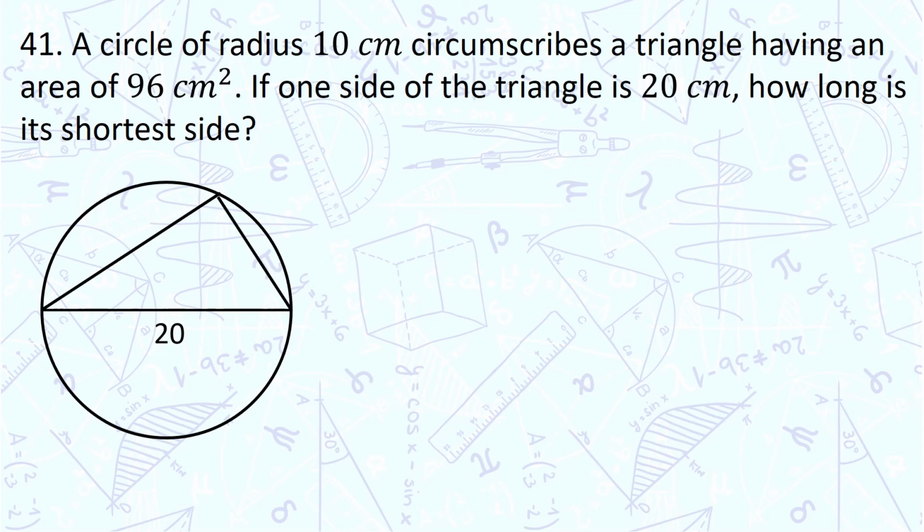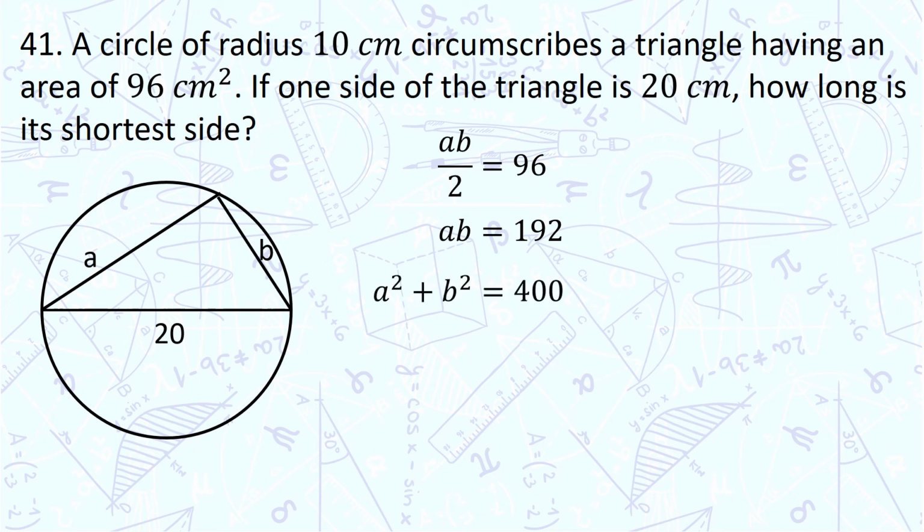Let us name the two legs of that right triangle as a and b. When a triangle is inscribed in a semicircle, that is a right triangle. So the area of this triangle is ab over 2 equals 96. Then we have ab equals 192. Also, because this is a right triangle, a squared plus b squared equals 400.